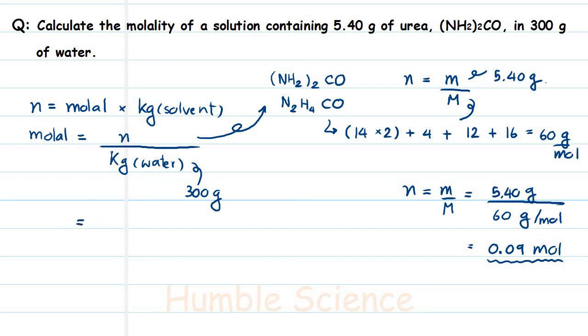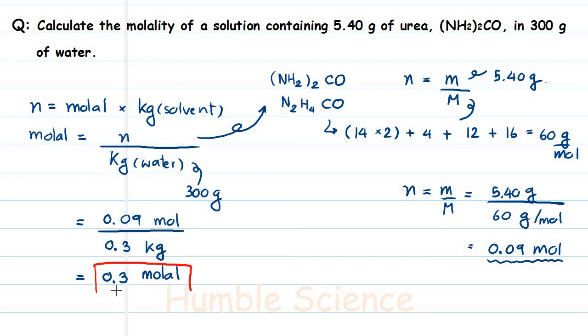That is going to be 0.09 mole divided by 300 grams of water, which is 0.3 kilograms. And then molal is going to be 0.3 molal. And that is the answer.